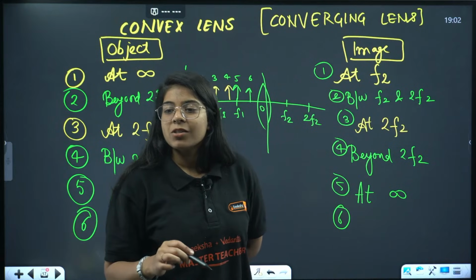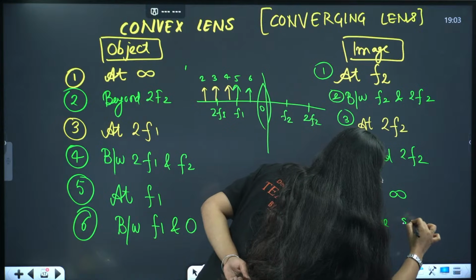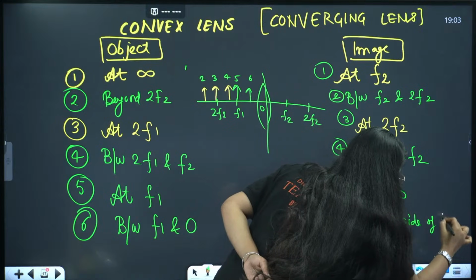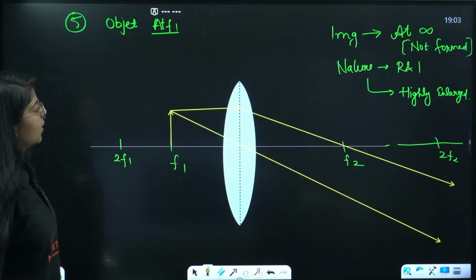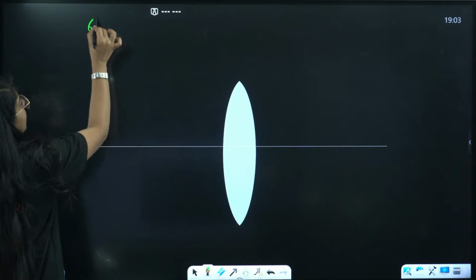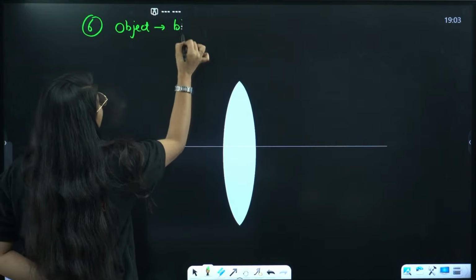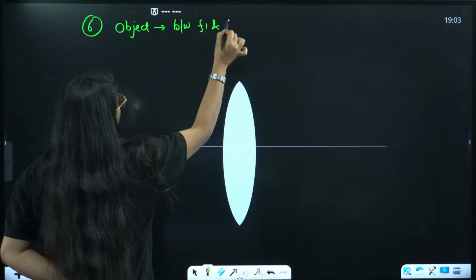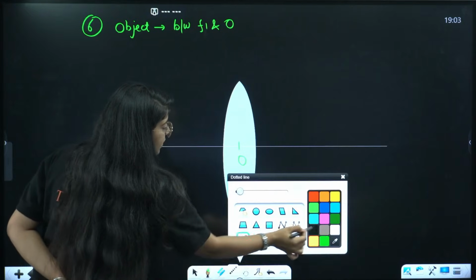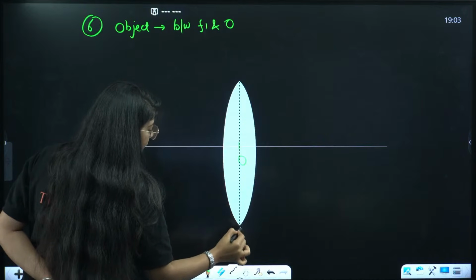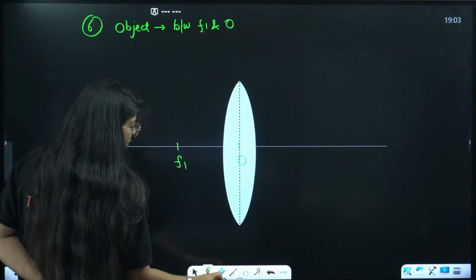Wow. चलो, in 6th case it will be same side of lens. ठीक है? Let's see कैसे बनाते हैं. This we have 6th case. The object is between F1 and optical center. So this is my optical center. ठीक है? This is the optical center and the object is between F1 and optical center.